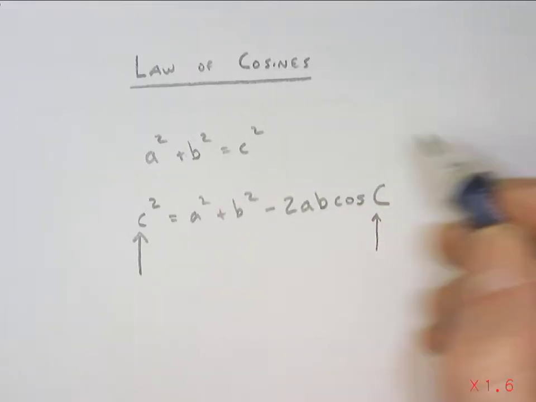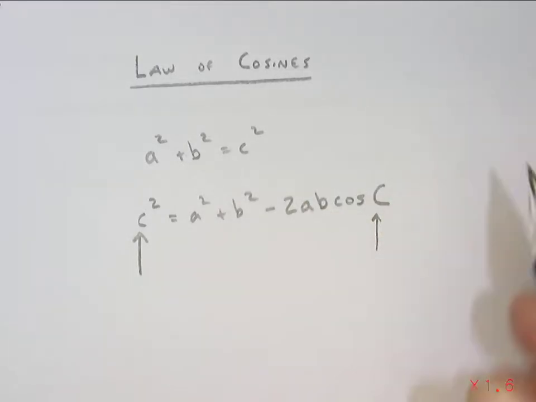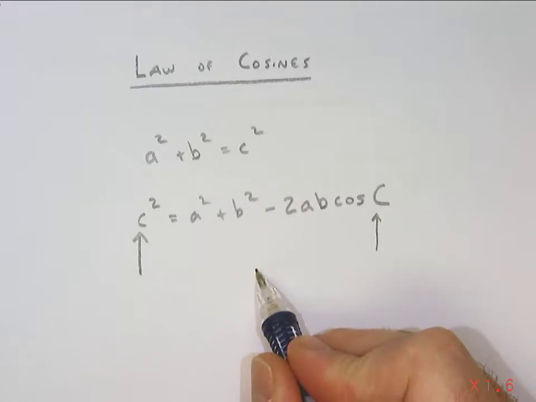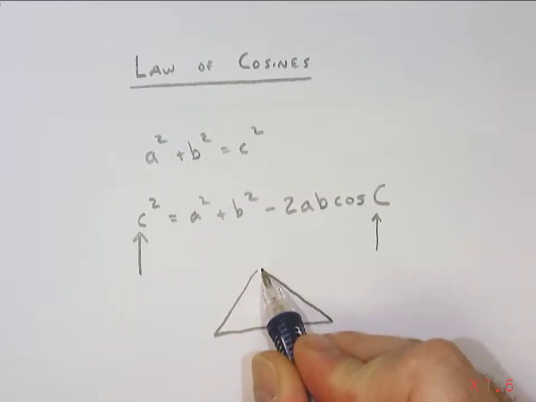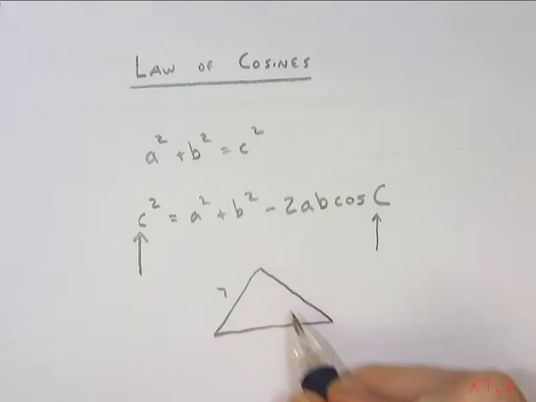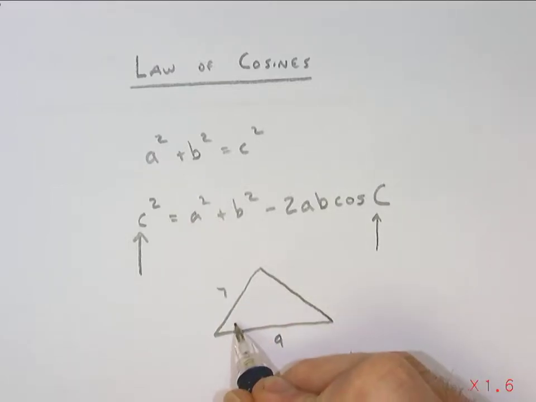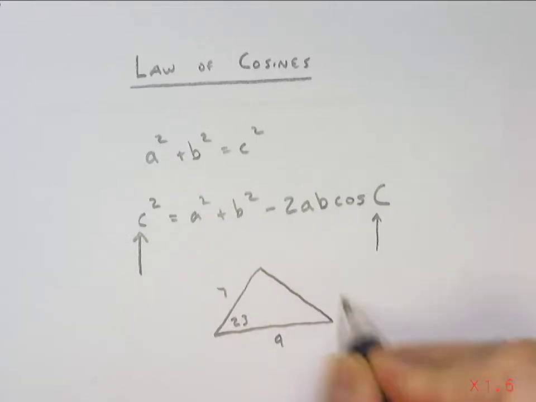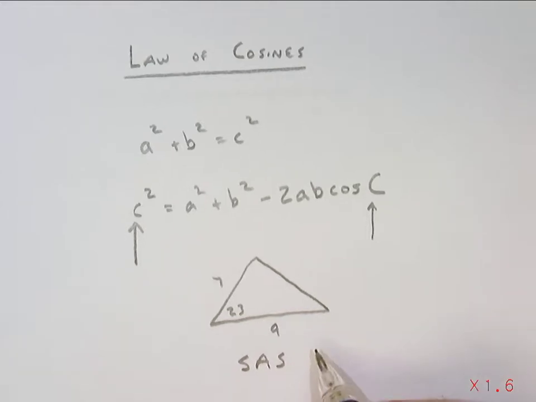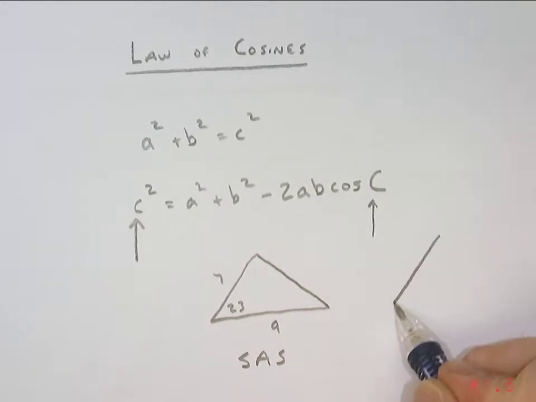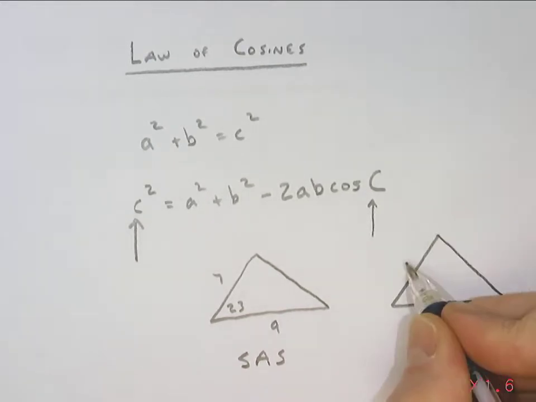So the traditional triangles that we use for law of cosines will be a triangle where you're given two sides, I'm just making up one right now, bear with me, and the angle that's in between them. A lot of times we'll refer to this as a triangle in the form of side angle side, or a triangle where you're given all three sides.